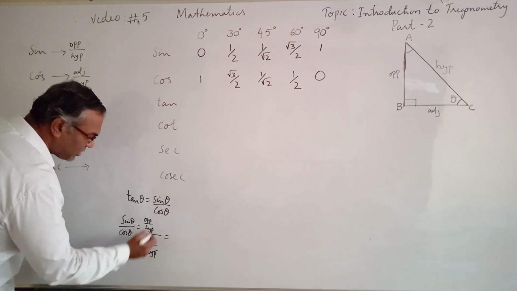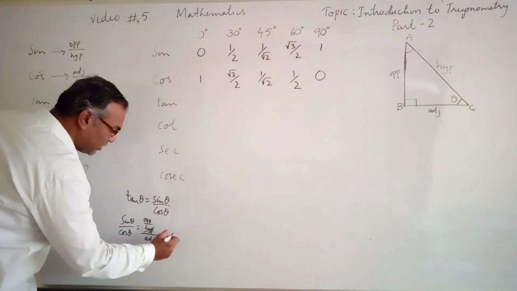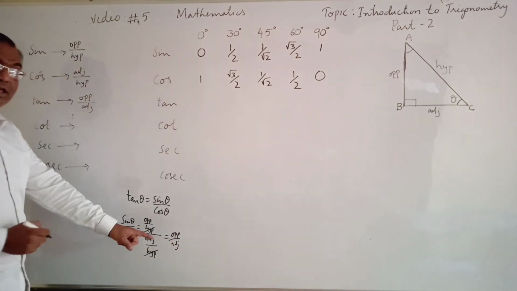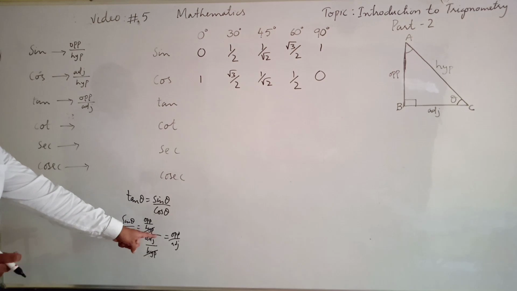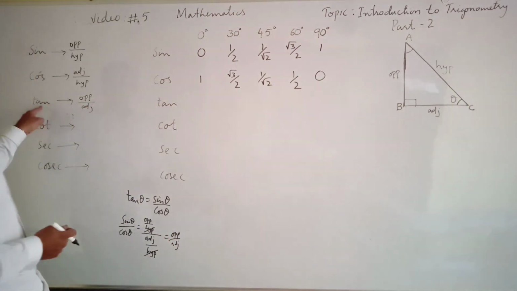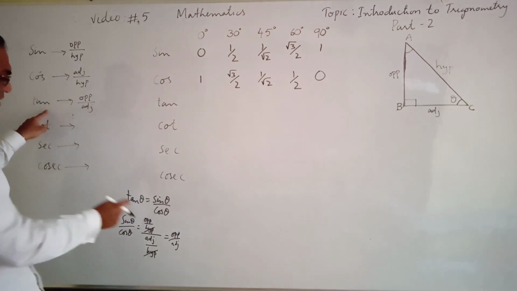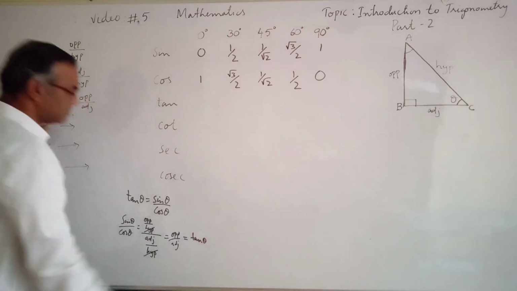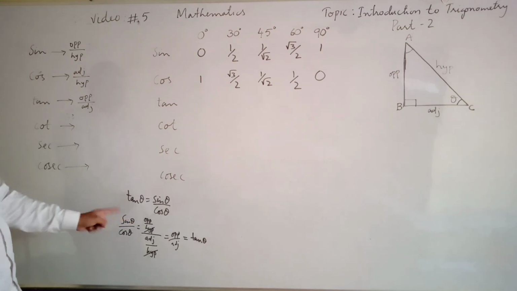So the hypotenuse gets cancelled, and we get opposite divided by adjacent. And we know that opposite divided by adjacent is the definition of tan. So can we write this opposite divided by adjacent as tan? Yes.